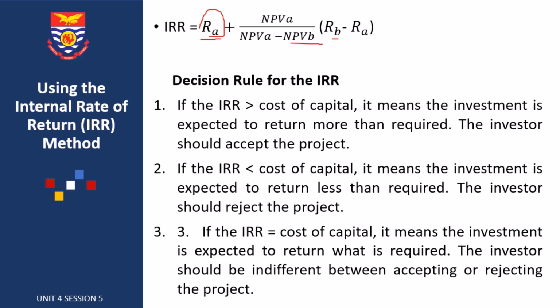It means that the investment is expected to return less than required, and therefore the investor should reject the project. What if the internal rate of return is equal to the cost of capital? It means that the investment is expected to return exactly what is required, and therefore the investor will be indifferent as to whether to reject or accept the project.